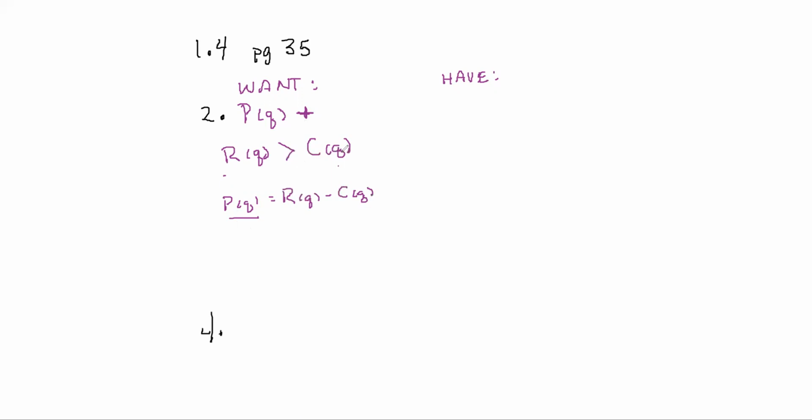So basically, what I want is, where do these intersect? And that's going to tell me where revenue is equal to cost.